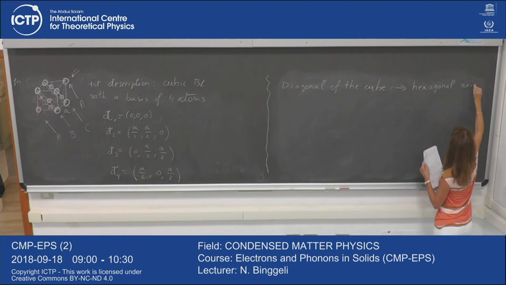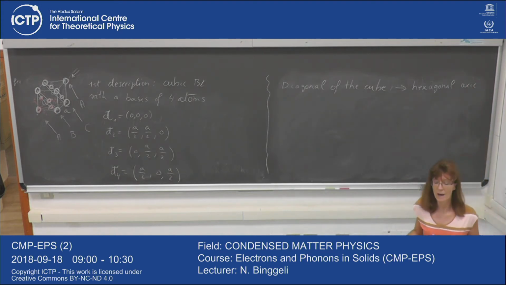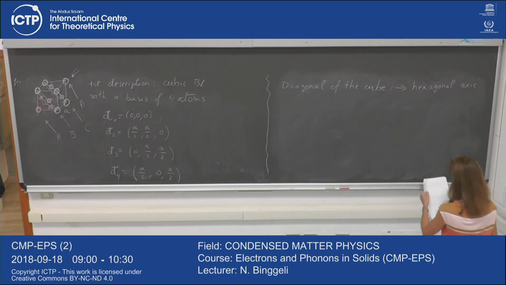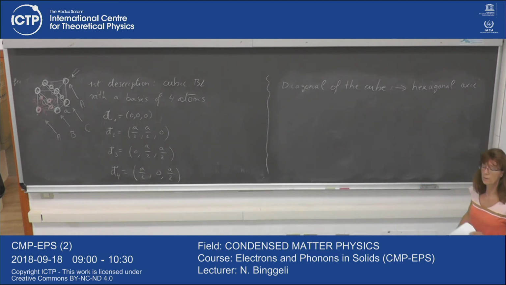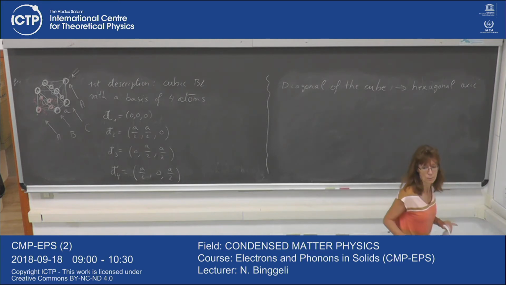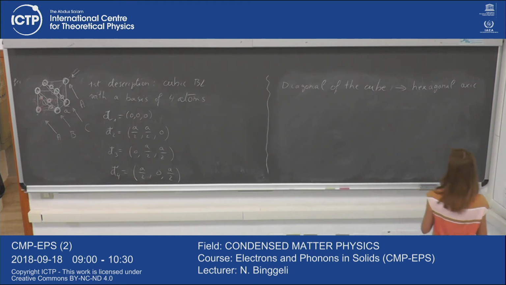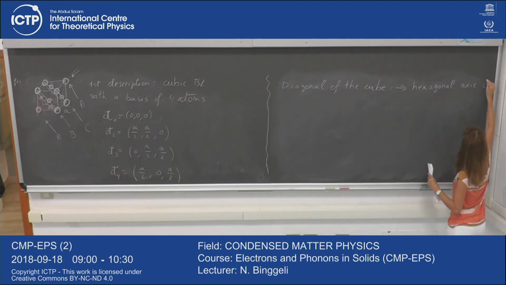I call it C because it's different from the A and B axis. C would correspond, in what I mentioned previously for the hexagonal structure, to the A3 axis. But since it has a length different from the other two hexagonal vectors, A1 and A2, its length would be C, and we call it the C-axis also.